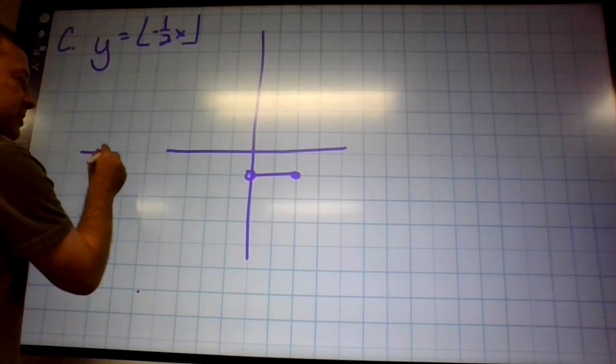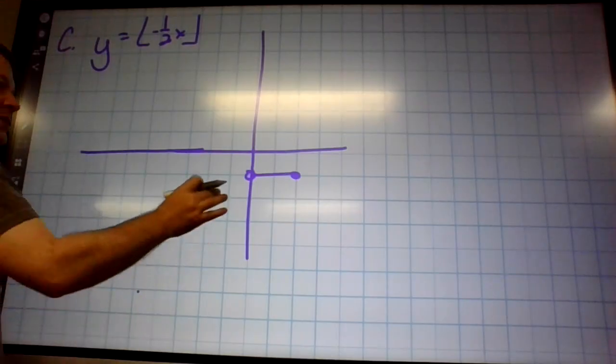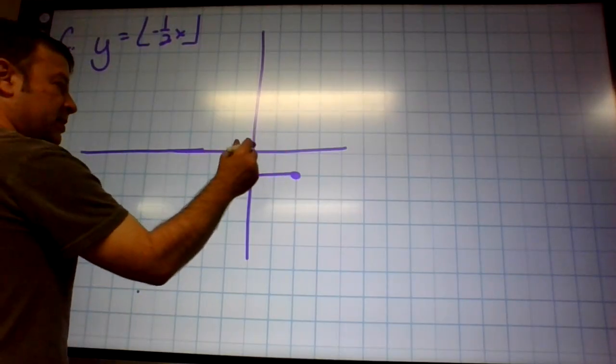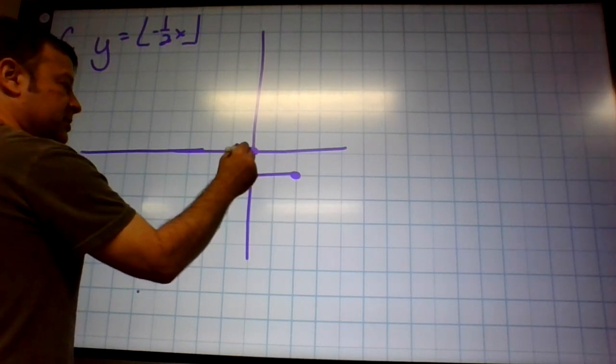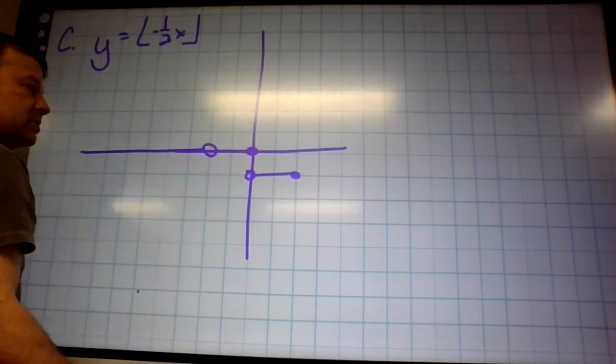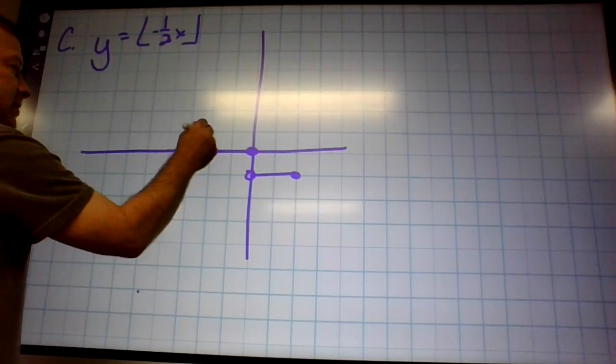Well, most of it will be over here, actually. The step that went from 0 to 1 is now going to go from 0 to -2. So you can kind of see the pattern after that.